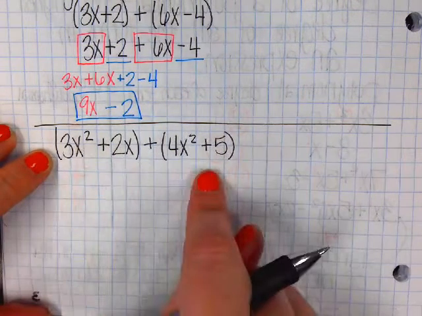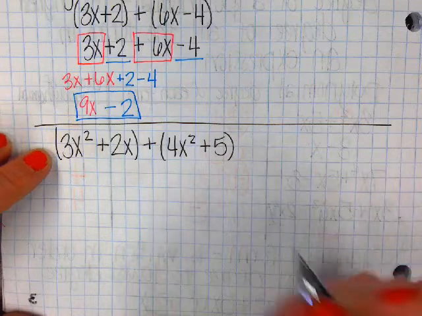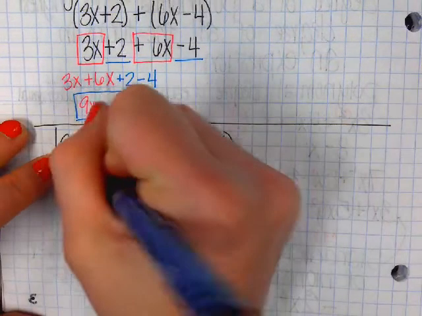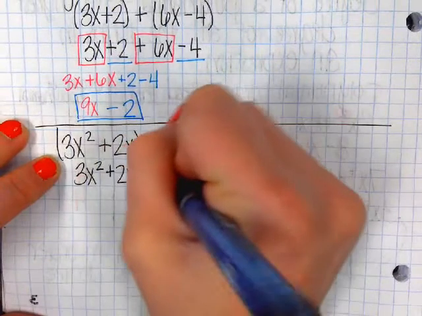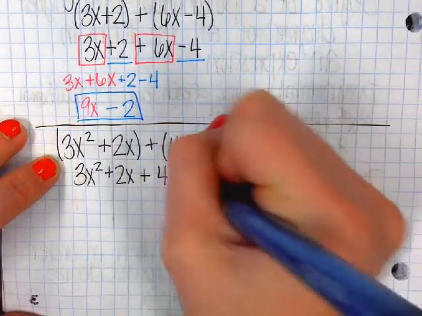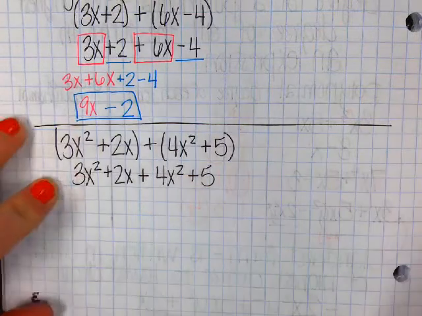Okay, again, is there anything I can do with those parentheses, or are the parentheses telling me to do anything special? No. So 3x squared plus 2x plus 4x squared plus 5.